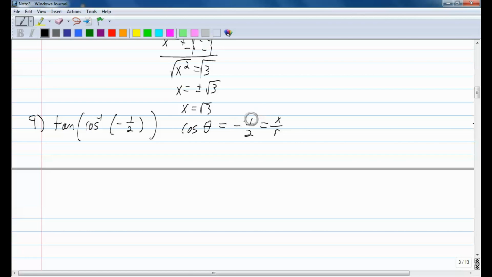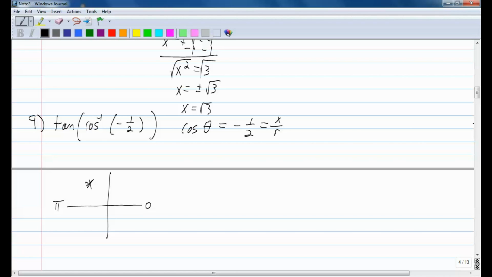So that's going to be negative 1 for x, positive 2 for r. Now recall where inverse cosine is defined. It's defined between 0 and pi. When you take the inverse cosine of something that's negative, you want the angle measure in the second quadrant because that's where cosine is negative.